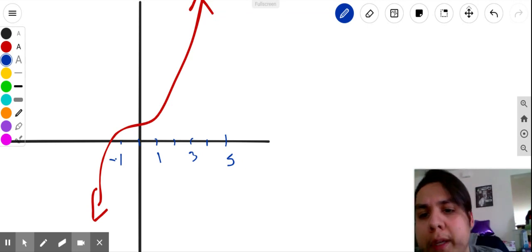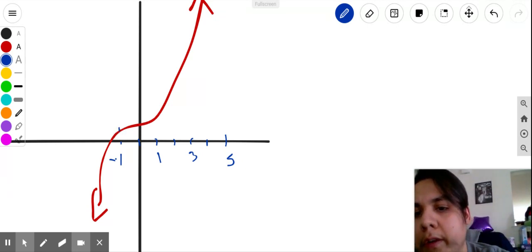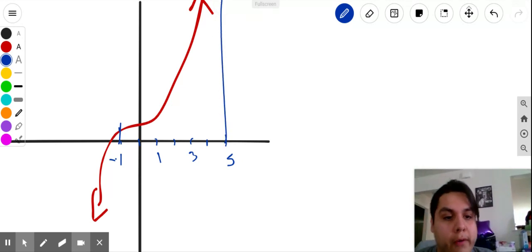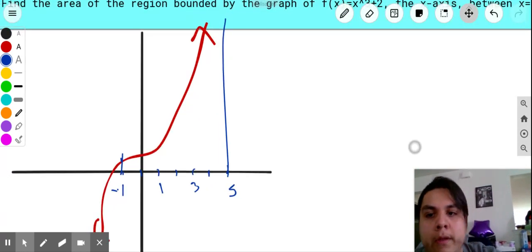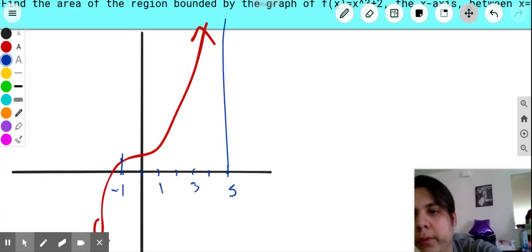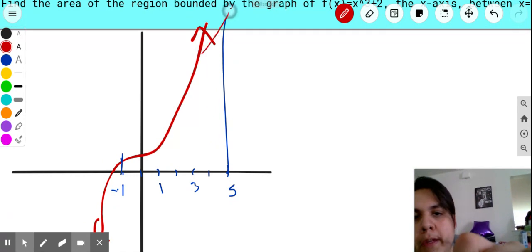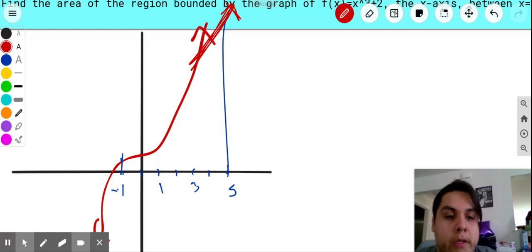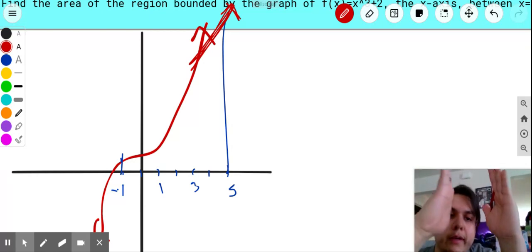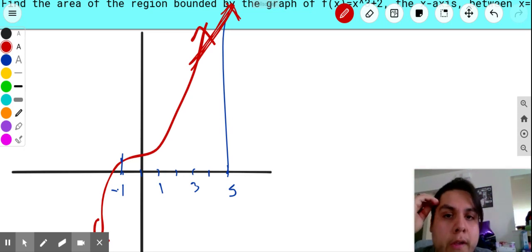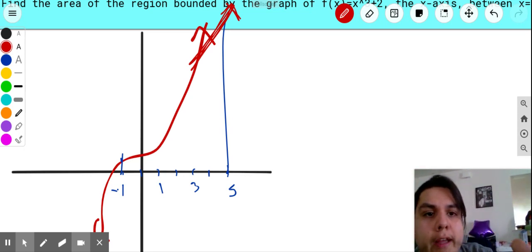So they're asking me to get the area from here to here of that graph. And so I'm going to extend this graph a little more. Okay. So that part underneath the curve, bounded by the x-axis between these two x values, that's what I'm looking for. So let's go ahead and start talking about these Riemanns.